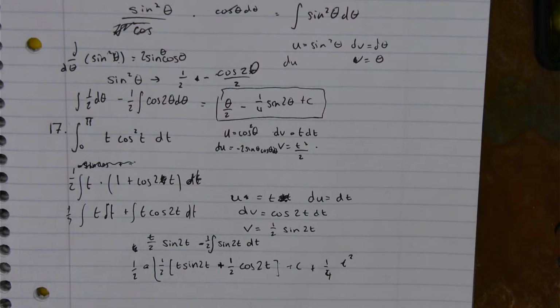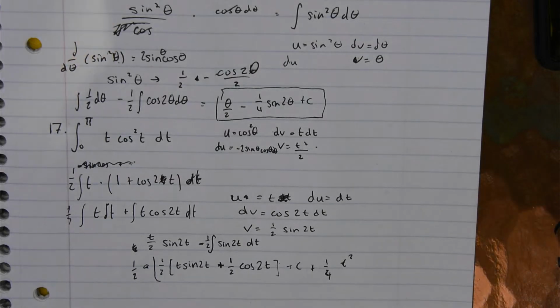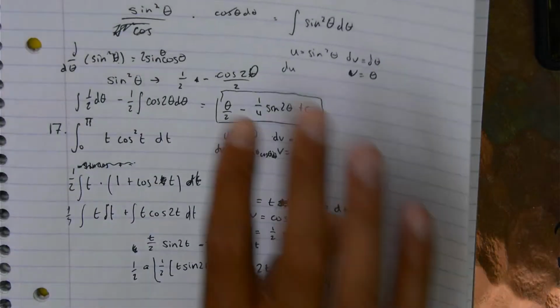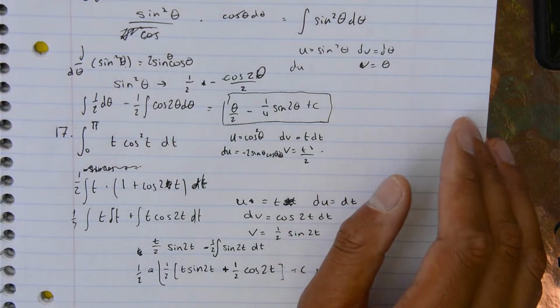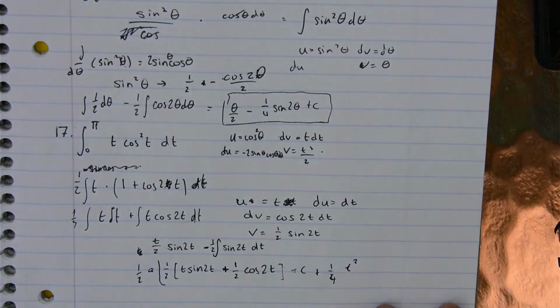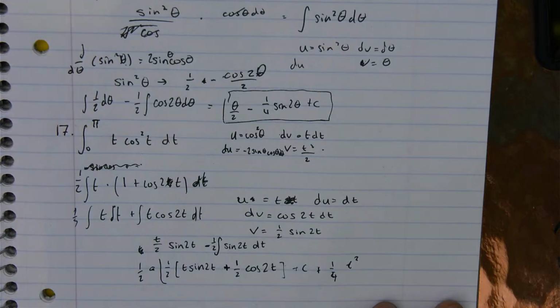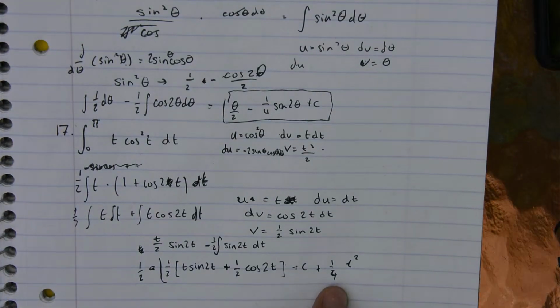Okay, cool. So you do the power reduction. All right, so we got this t squared over 4.